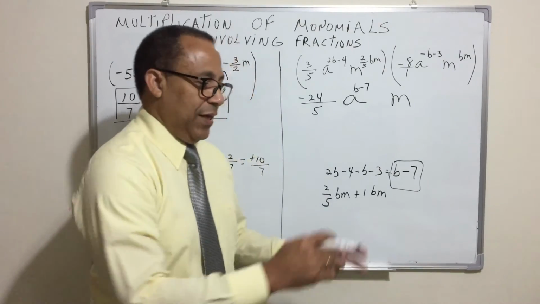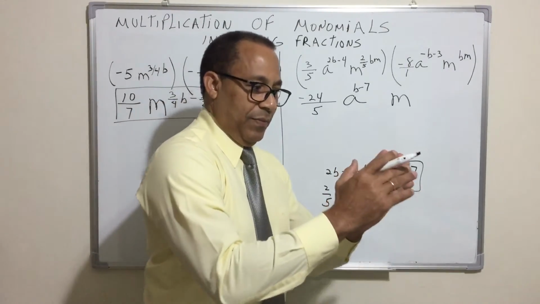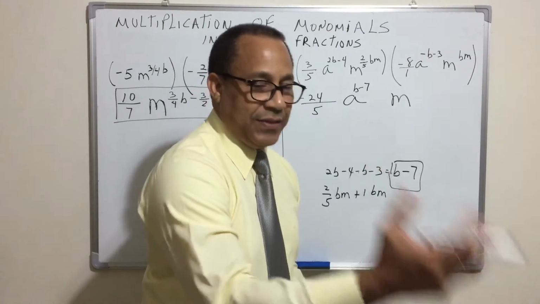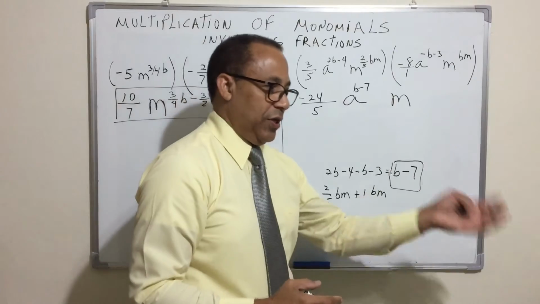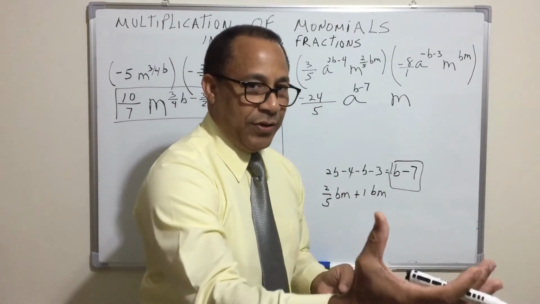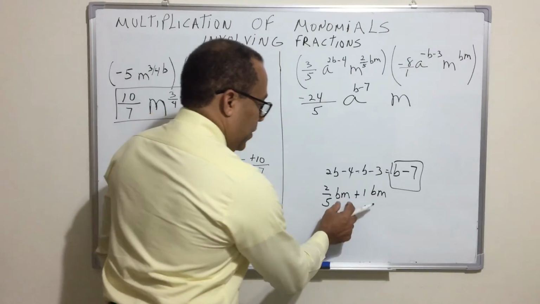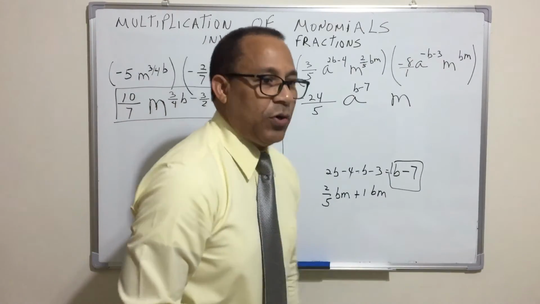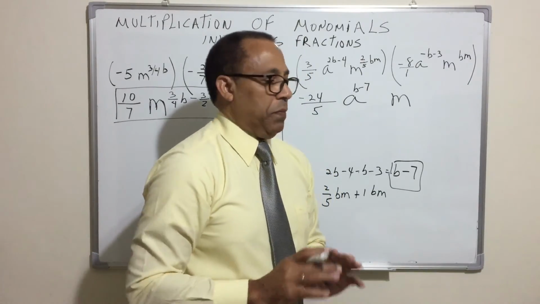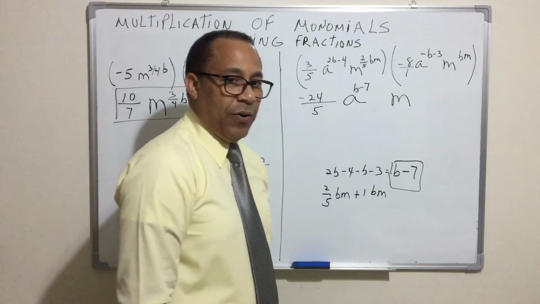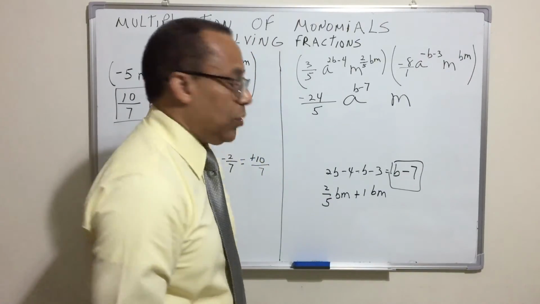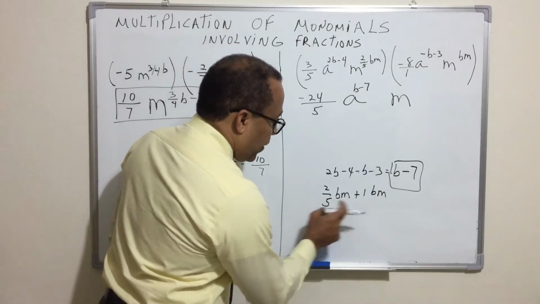If you're adding tables plus another table, the result will be tables. If you add chairs plus chairs, the result will be chairs. If you add bms and bms, the result will be bms. So what I'm trying to say is that you may forget about the letters now and you just focus on the numbers. What are we doing? We are adding 2/5 plus 1.